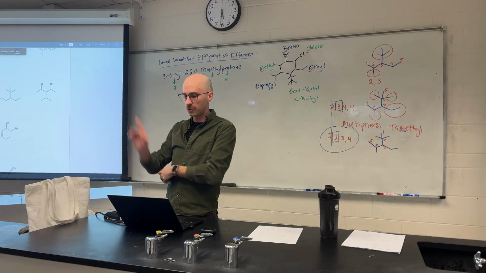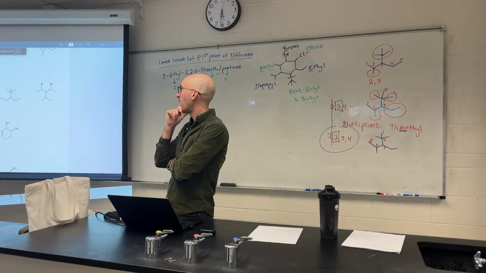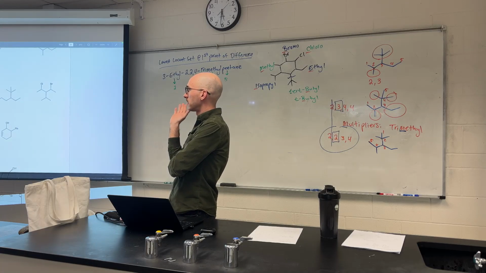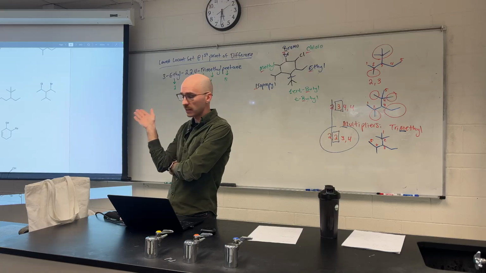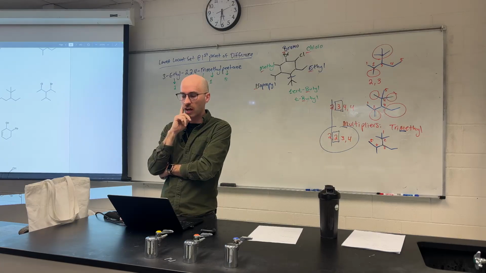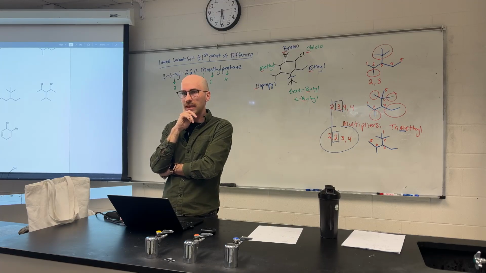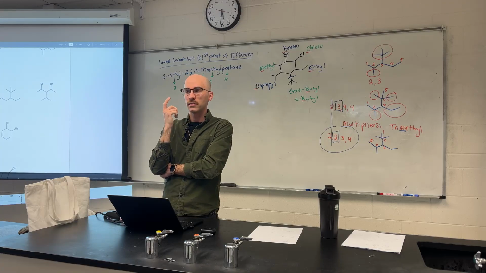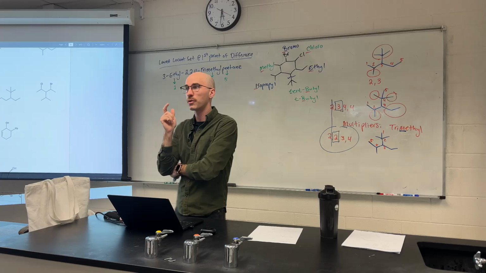Okay. What I want us to do with this next problem is try to find the best locant set for each compound, keeping in mind that our rules for priority stay true with the lowest locant set.